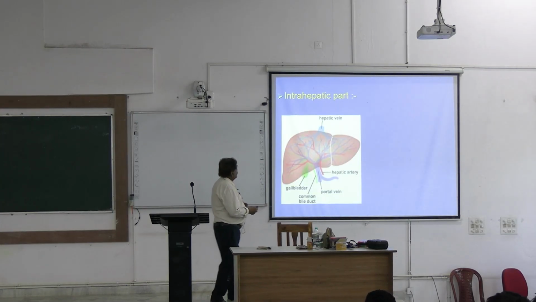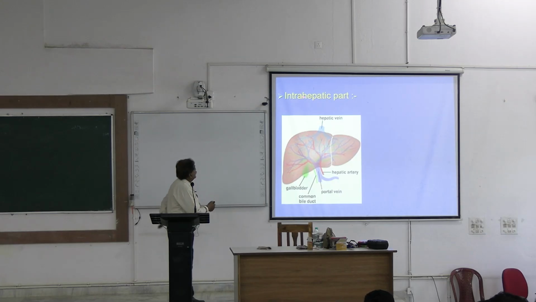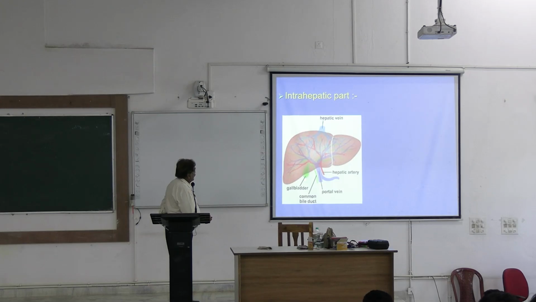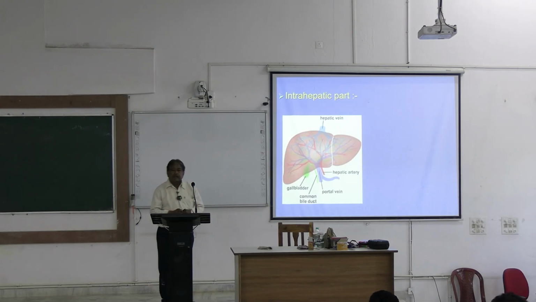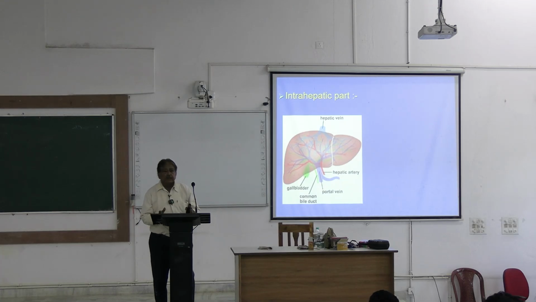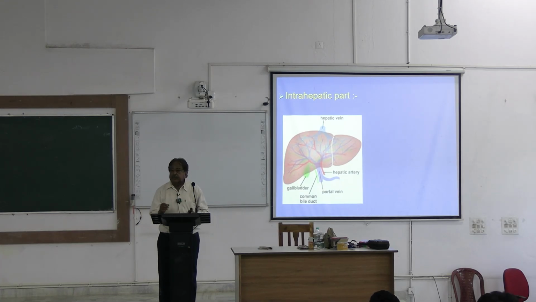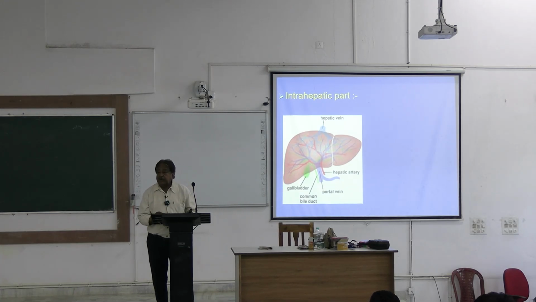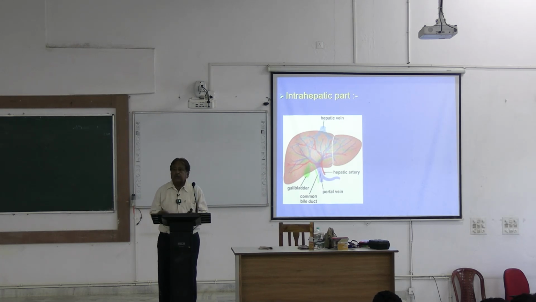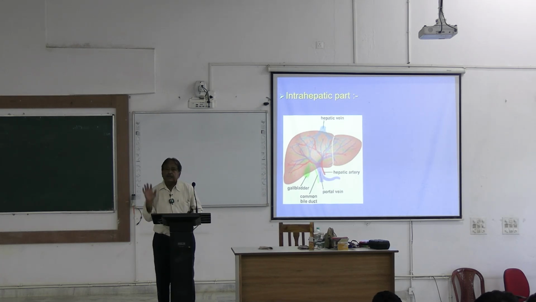Intrahepatic part: see the hepatic vein, the hepatic artery, portal vein, gallbladder and common bile duct. You take a sheet of paper and when you read, you please draw. Read, draw.